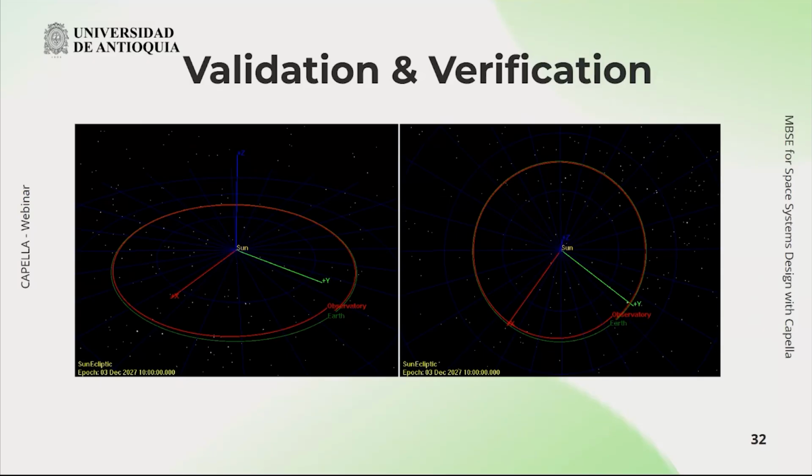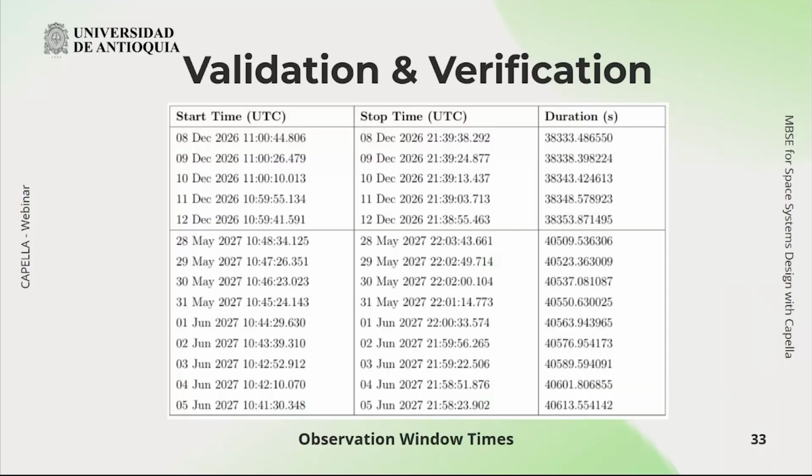So in this case, we have some requirements about, for instance, the propulsion subsystem. And in that way, we can verify the need of a propulsion subsystem because we have to realize different orbital corrections. So in that way, we can also verify each requirement, because that's necessary for a good systems engineering process.